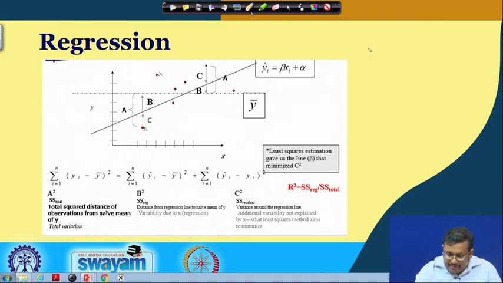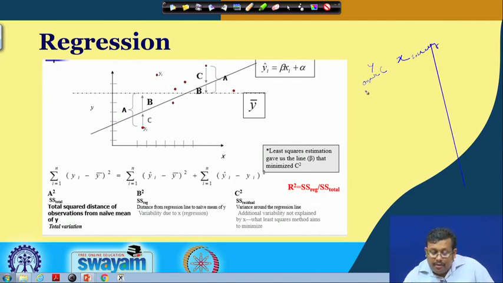So, for example, if we have two variables, x and y, where y, as far as soil data is concerned, is for example soil organic carbon, and x is, let us say, soil clay.